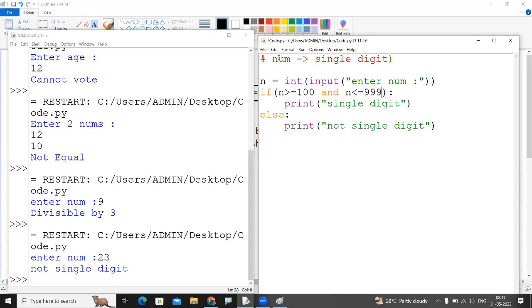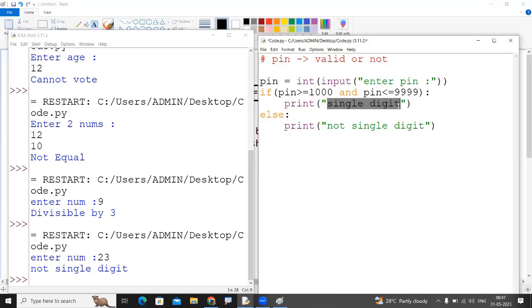Now I am checking whether the PIN number is a valid PIN number or not. PIN number means we always enter a 4 digit PIN number only. 4 digits means greater than or equal to 1000 and less than or equal to 9999.